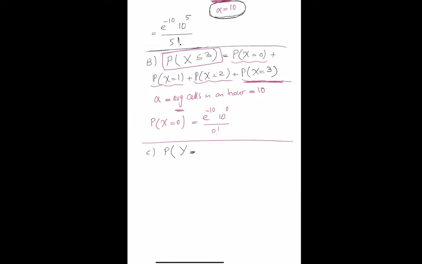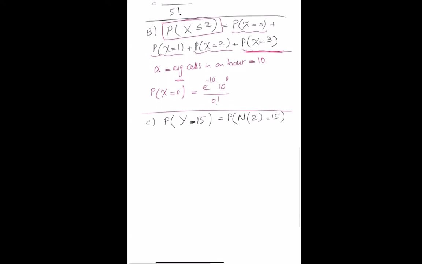Probability of y equals 15, or in Dr. Paul's notation, n of 2 is 15. Exactly 15 calls in 2 hours. For y, the possible values are still 0, 1, all the way to infinity. These are the number of calls that we can receive in 2 hours.